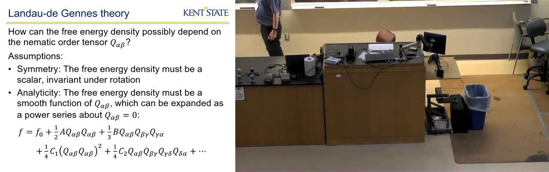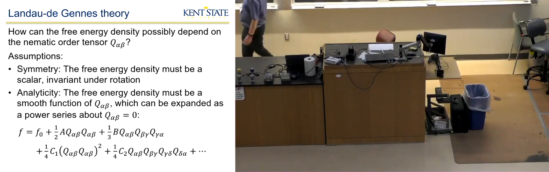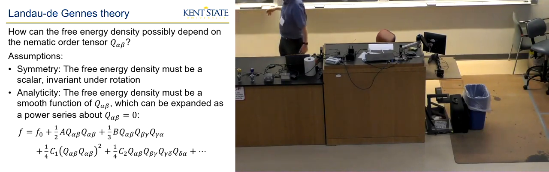That is Q alpha alpha, for those of you who know this tensor notation. That means QXX plus QYY plus QZZ. The good news is this thing is invariant under rotations.